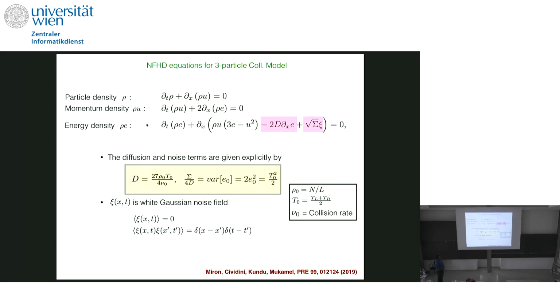For the diffusion term, we get an explicit expression for the diffusion coefficient in terms of the system parameters, the density, temperature, and the collision rate, and also the noise properties as well as the strength of the noise. And we found that the noise is, of course, a white Gaussian noise field.